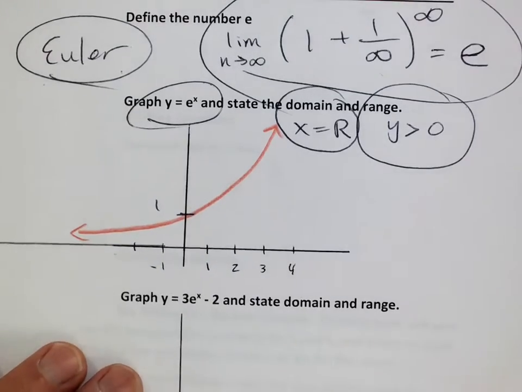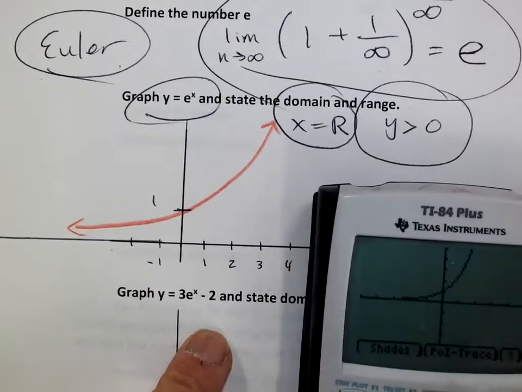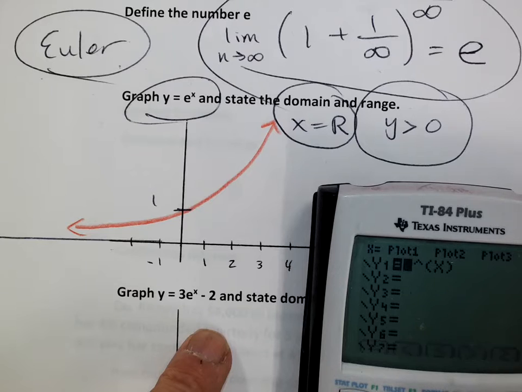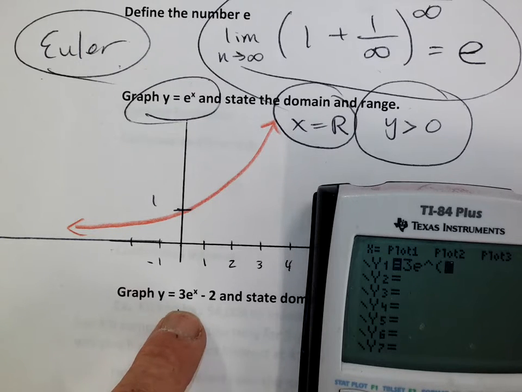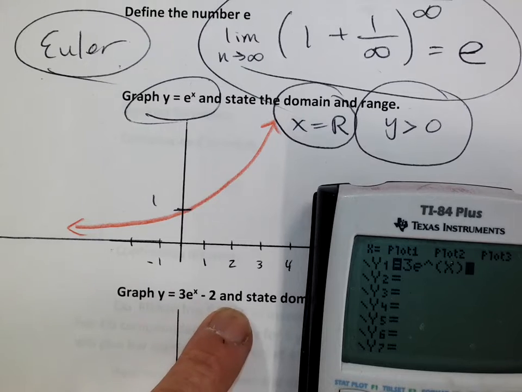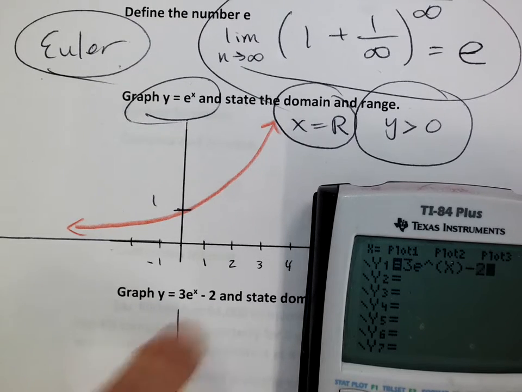All right, now number 3, we can graph this, and I can actually just put it on my calculator. Okay, I can go 3, and I can go e to the x, and then subtract 2, and graph that.